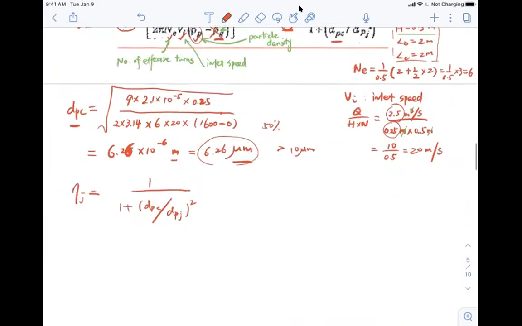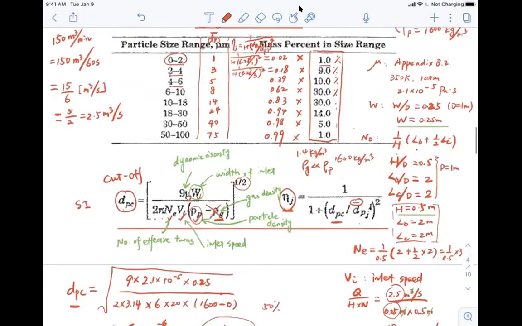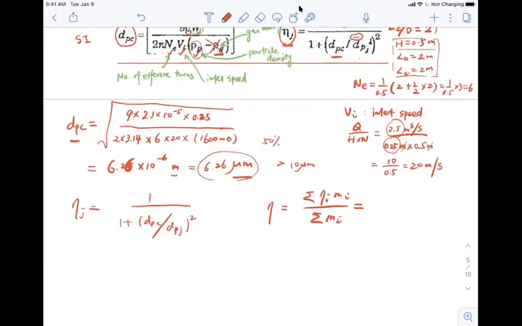So basically we can find out overall efficiency is going to be equal to the summation of eta i m i divided by the summation of m i, and you're going to get the final answer of 68.1%. Okay, so does that make sense?